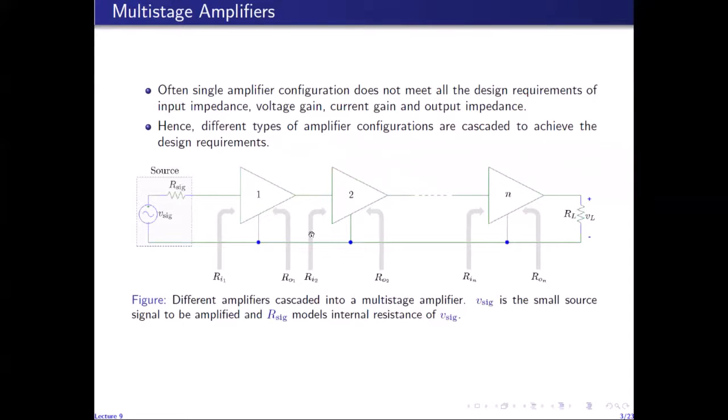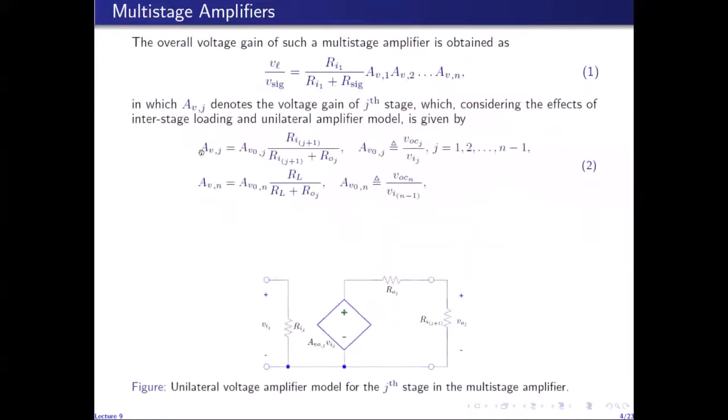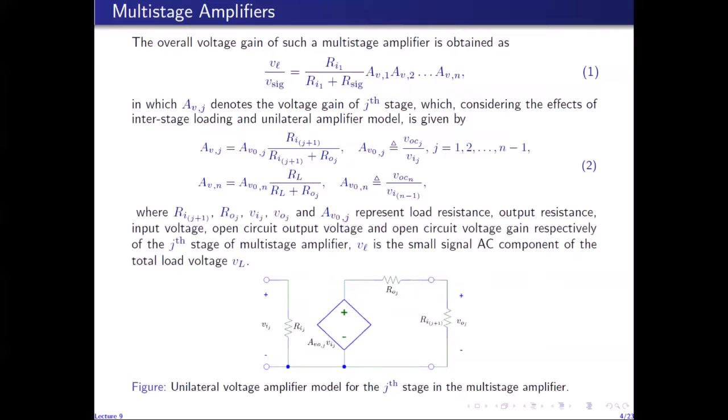So the load voltage is actually the input voltage of the following stage, and you take the ratio of the load voltage with the input voltage of the stage under consideration, and you will find the voltage gain, which will be different from this expression, because this expression is valid only for the unilateral amplifier.